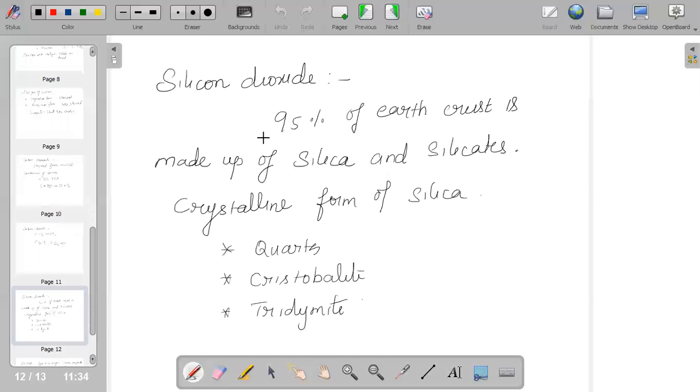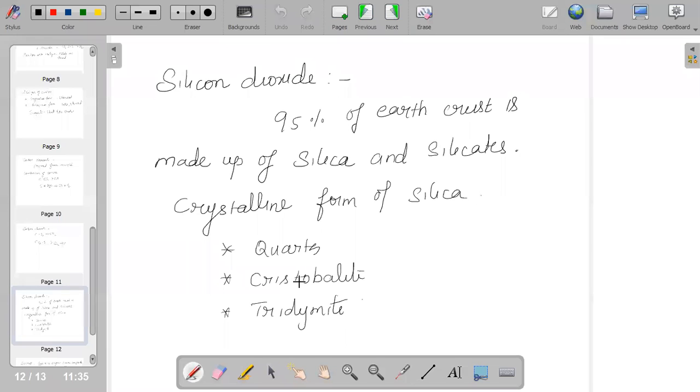The next one is silicon dioxide. About 95% of the earth's crust is made up of silica and silicates, and silicon dioxide is commonly called silica, which occurs in different forms like quartz, cristobalite, and tridymite.